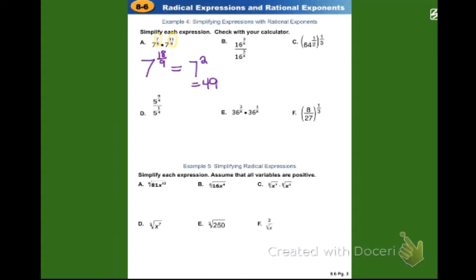When we divide two bases that are the same, we have to subtract the exponents. So we're going to be subtracting, because we have the same base, so our base will still be 16, but our exponent will be the difference between 3/4 and 5/4. Well, they have the same denominator, so I can subtract them, and when I subtract, they give me an exponent of -2/4. Or 16 to the -1/2.